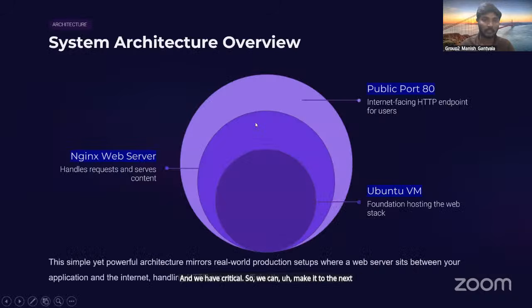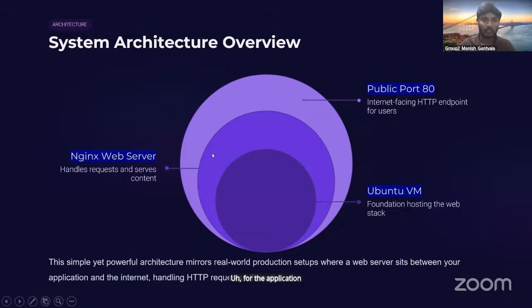We have the system architecture. When it comes to architecture, the main thing is Ubuntu. In between Ubuntu and the public port, we have Nginx, which is the main foundation for deploying the application. We do everything in the Ubuntu virtual machine as web hosting for the application.